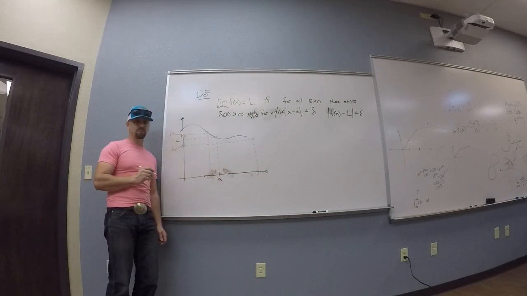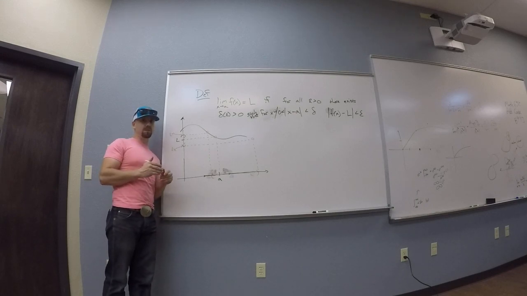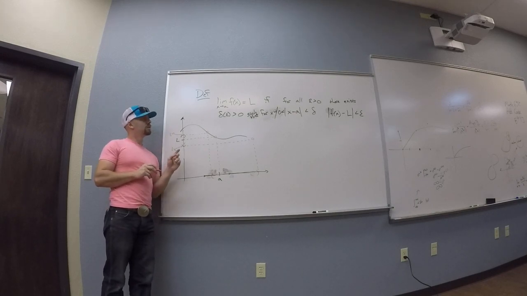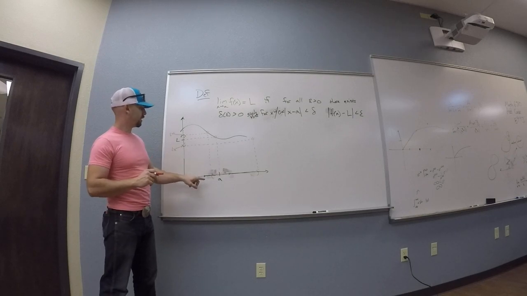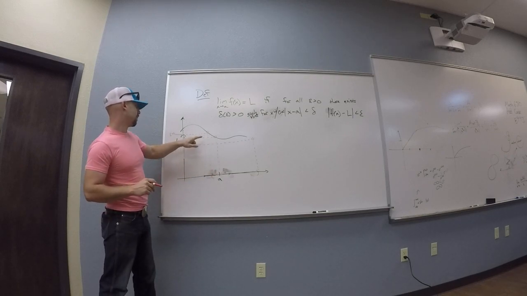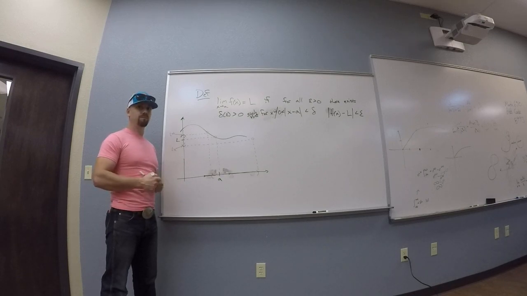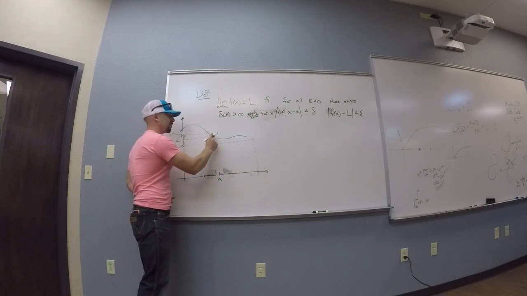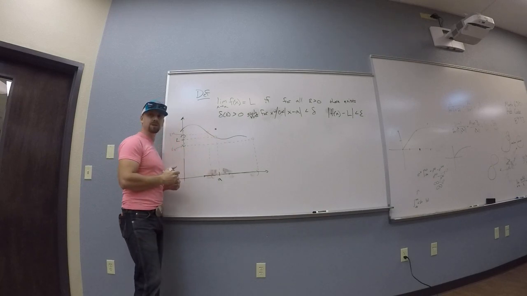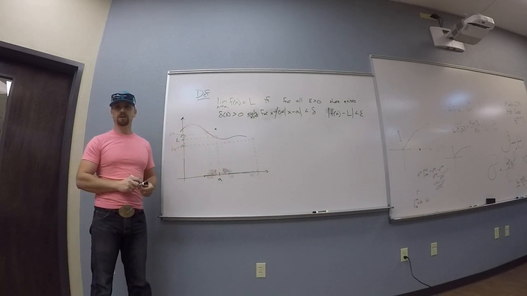Finding these in practice is a little bit harder. It should be noted a couple of things. A doesn't actually have to map to L, so the function doesn't have to be continuous there. That's totally fine.